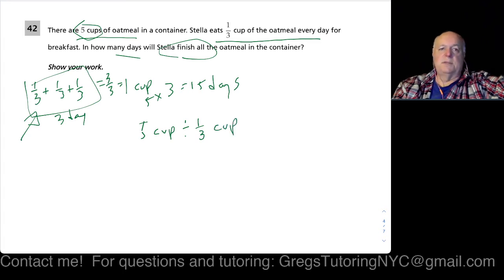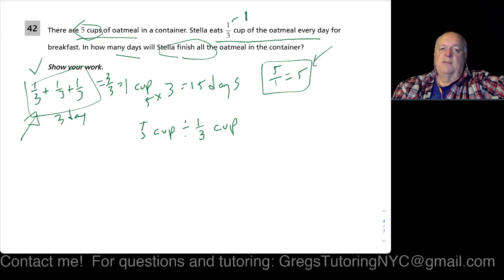A good way to do some of these is to take these numbers and make them small. So if she had 5 cups and she ate 1 cup a day, everybody knows it's just 5 over 1 equals 5. So remember, do those simple experiments. This was also an experiment, but we can do it over here with raw math as well.